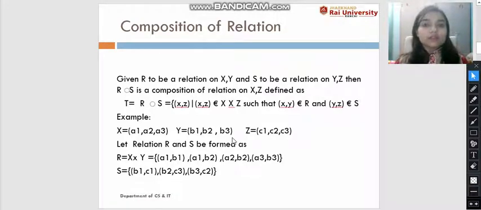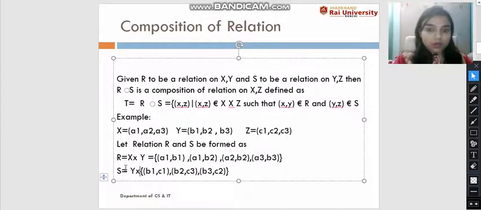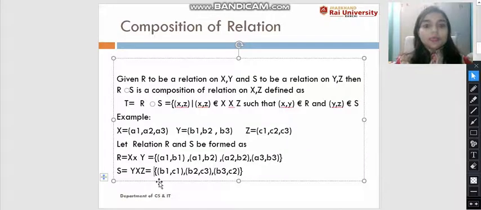We have assumed that the relation R contains these elements. Similarly, S is defined on Y and Z, and the elements of S are B1 C1, B2 C3 and B3 C2. So these are the elements of R and S.